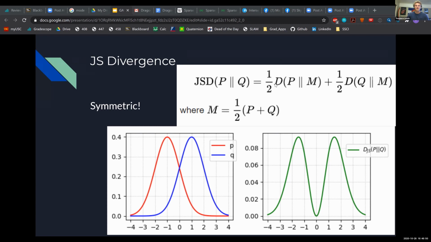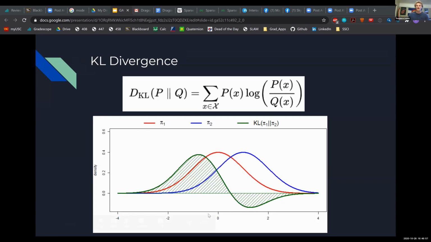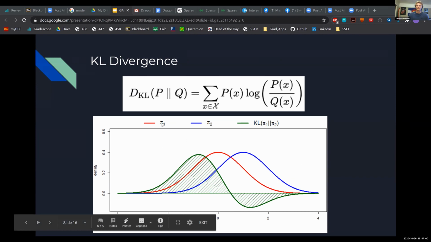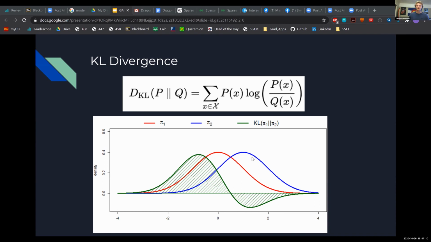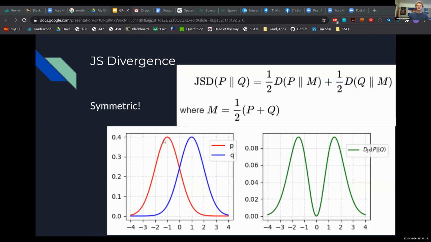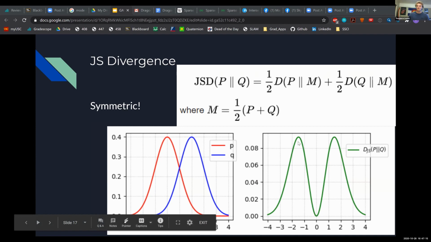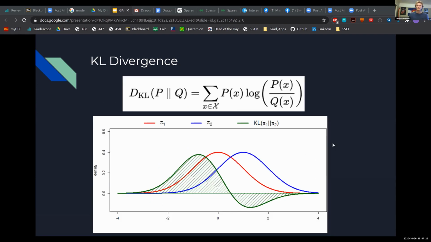So here, your values are always going to be greater than 0. If you look at this graph, you'll see P and Q, whereas before, let's call this red one, actually we can just look at red. When red is greater than blue, you have a positive KL divergence, and when red is less than blue, you have a negative. Now, when we look at this, we have red greater than blue, and it's positive. But now when red is less than blue, it's still positive. So it's pretty much taking the absolute value, roughly, of the KL divergence.